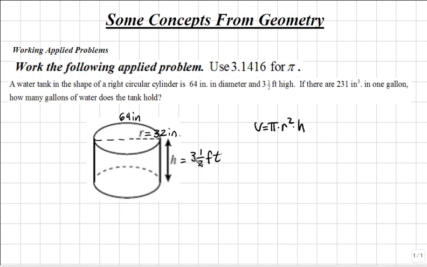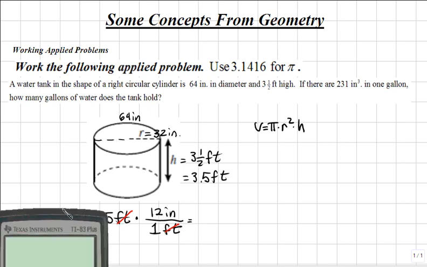To convert feet to inches, we'll take 3.5 feet and multiply it by a conversion factor, that there are 12 inches in 1 foot. We did this so that the feet units will cancel, and we're left multiplying 3.5 times 12.